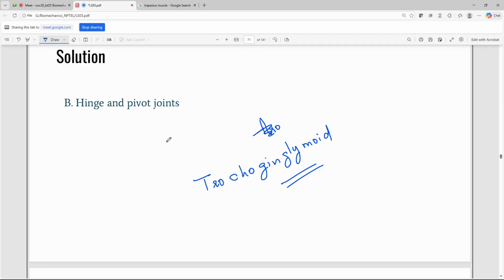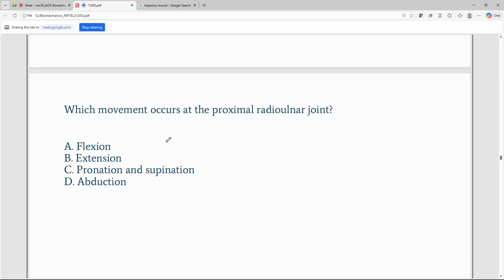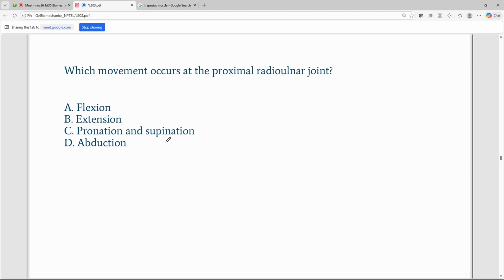Okay, moving on to the next question. Which movement occurs at the proximal radio-ulnar joint? Options are option A, flexion, option B, extension, option C, pronation and supination, option D, abduction.